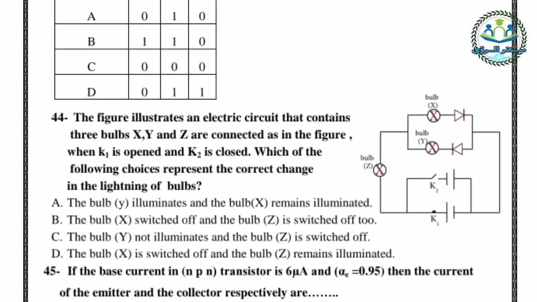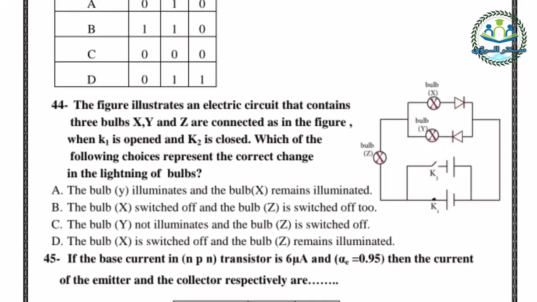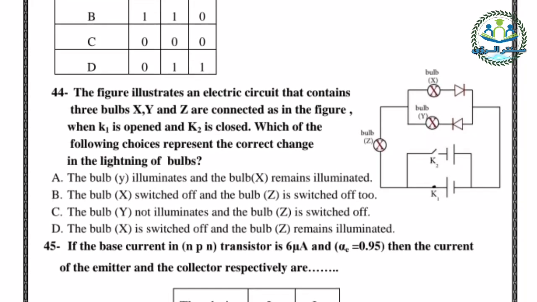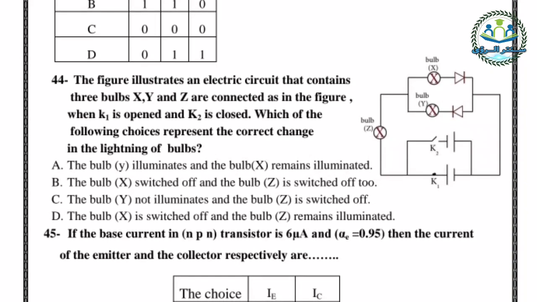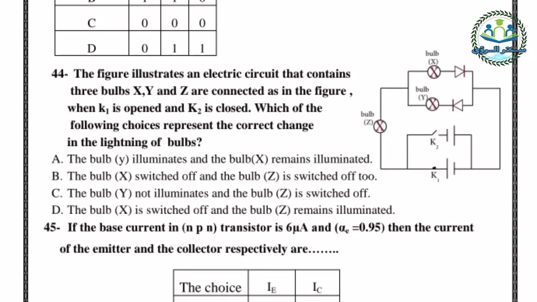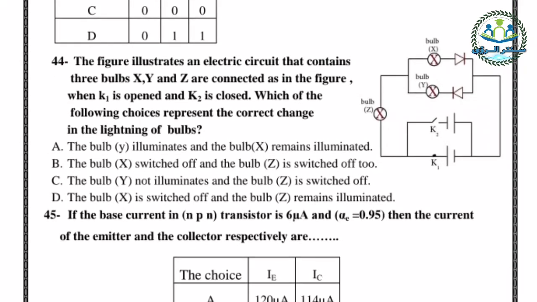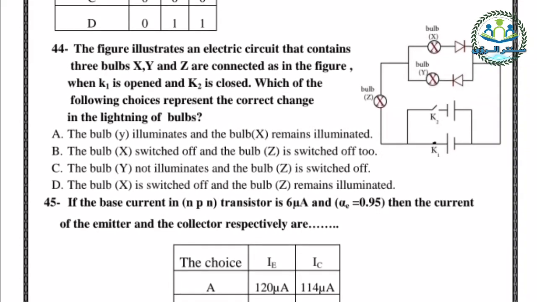B. The bulb X is switched off and the bulb Z is switched off too. C. The bulb Y does not illuminate and the bulb Z is switched off. D. The bulb X is switched off and the bulb Z remains illuminated.